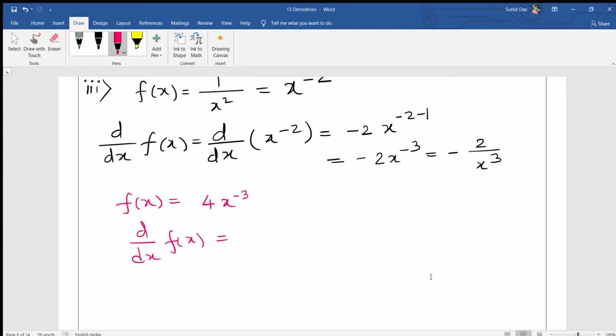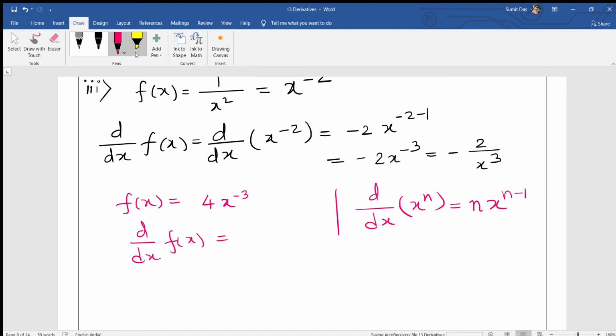Okay, what is the formula? Again, I'm telling the formula. The formula is d/dx of x to the power n. So it will be equal to whatever the power is, that will come as the coefficient, and the power of x will decrease by 1. Am I clear?